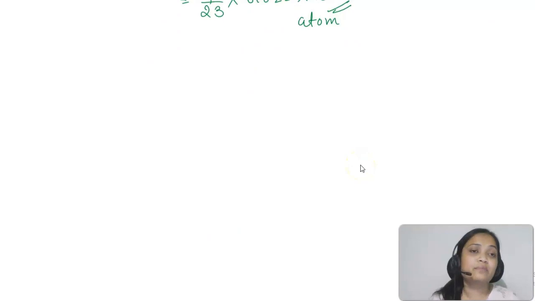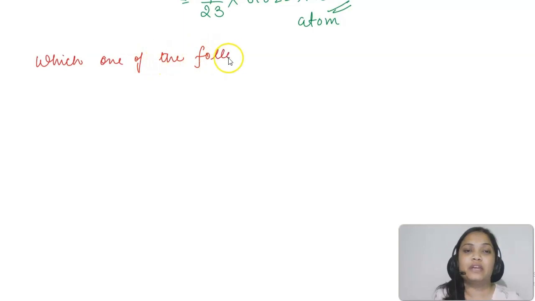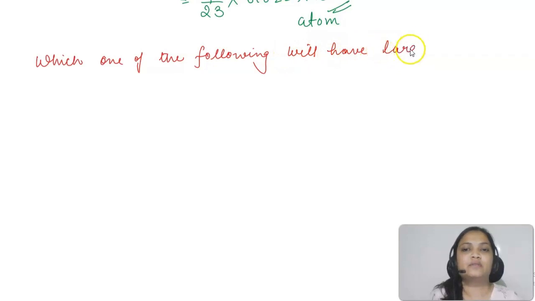Okay. Now I am giving you the question, just like I told you in the last session. The question is, which one of the following will have the largest number of atoms? These types of questions come in your exam.